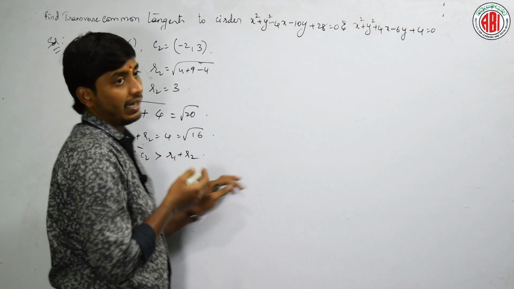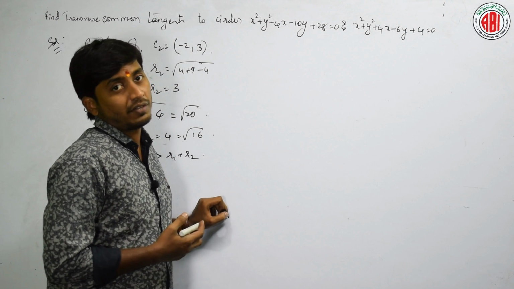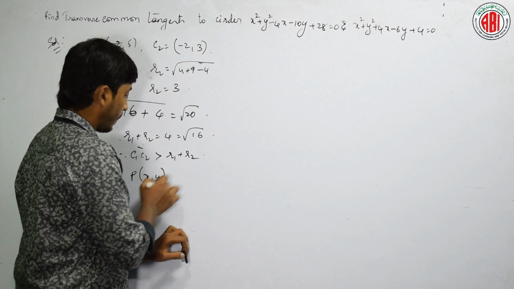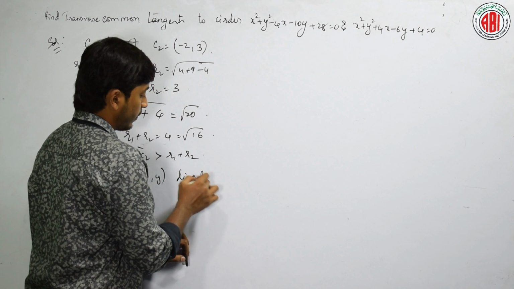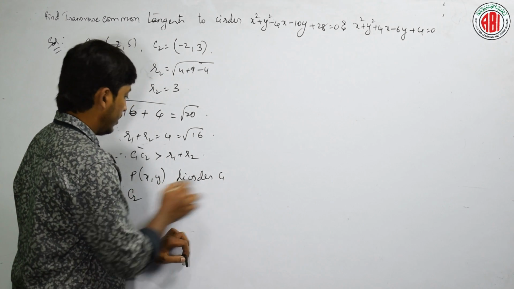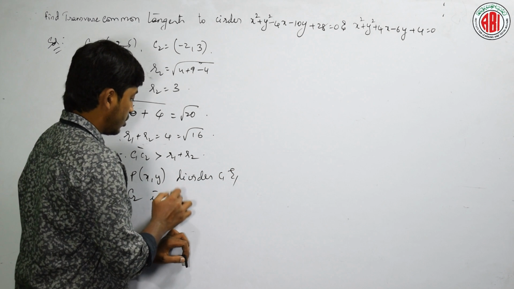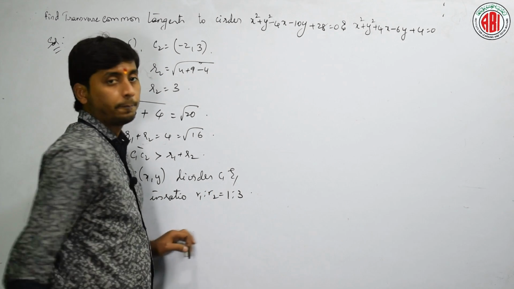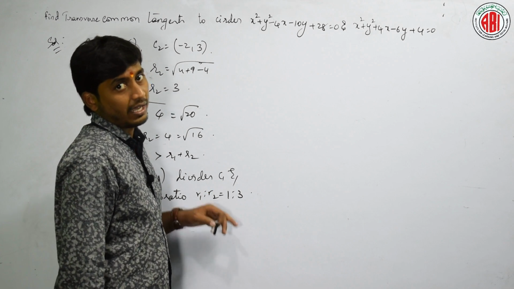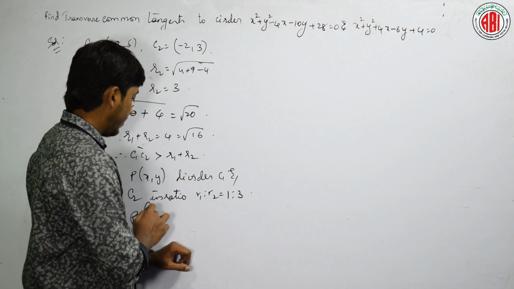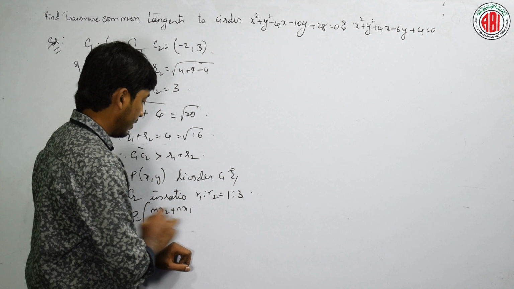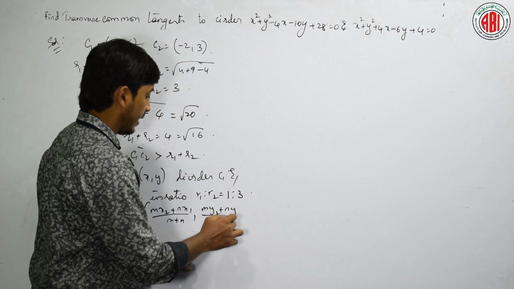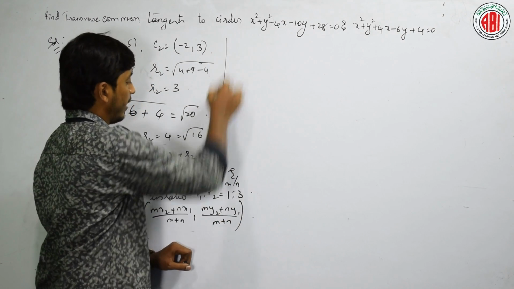Let us find the point of similitude. How do we find it? Let us find P which divides C1 C2 in the ratio R1 is to R2, that is 1 is to 3. Let us directly substitute and find the value, that is (m x2 plus n x1) by (m plus n) comma (m y2 plus n y1) by (m plus n). This is m and this is n.